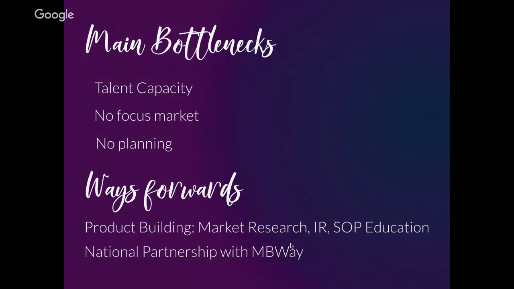The ways forward is, again, something that we are working on with our seeder. And we have one opportunity that we can actually upscale, which is the national partnership with MBWay, a school group that signed with Isaac in France, literally for sending their students to GE. So we have the market.